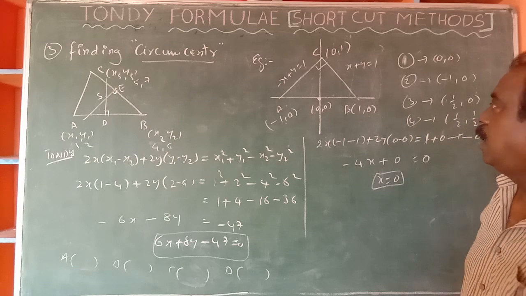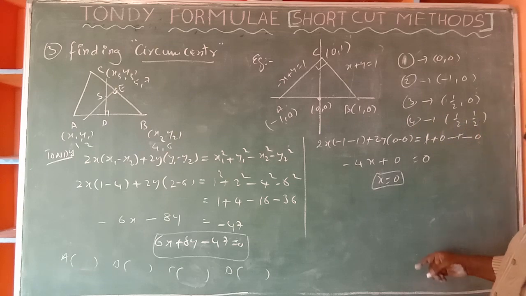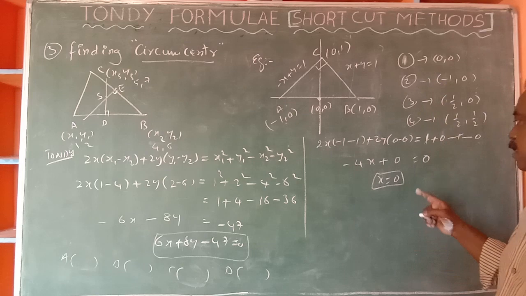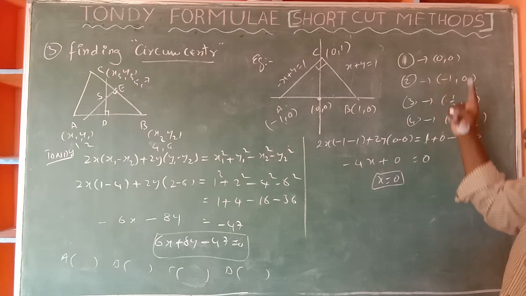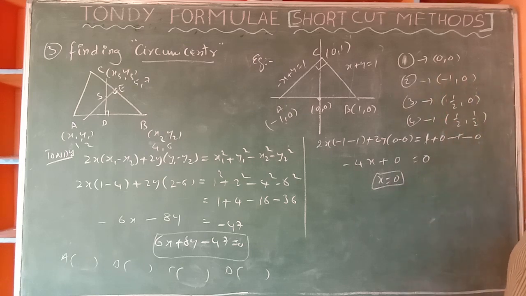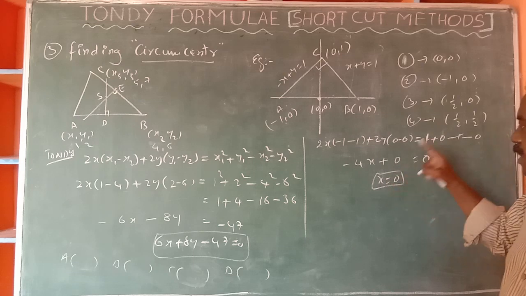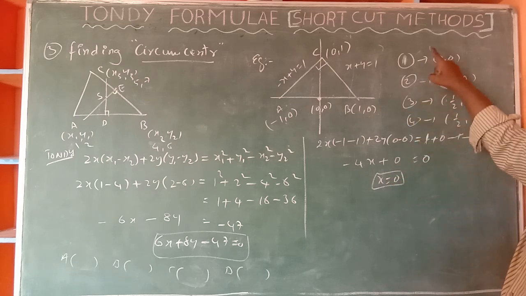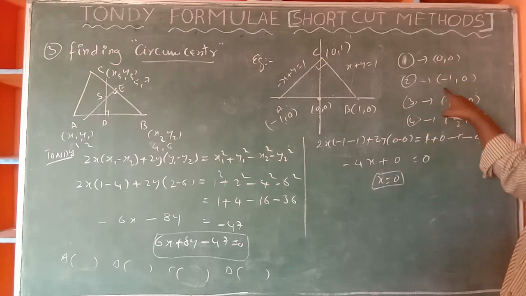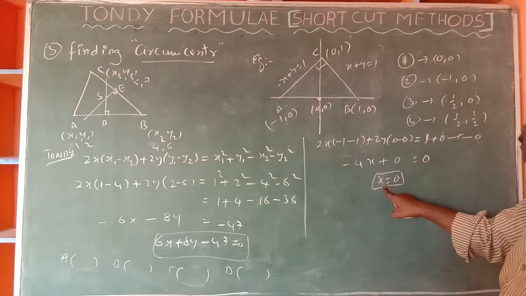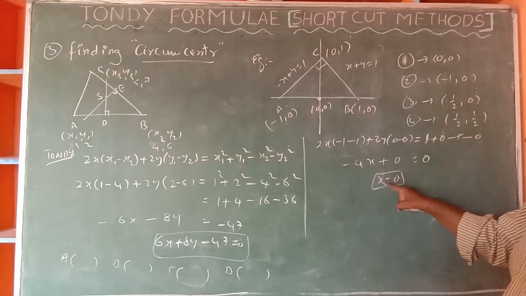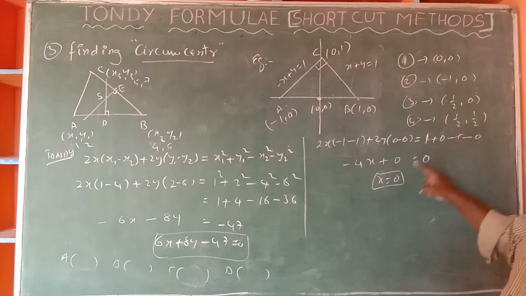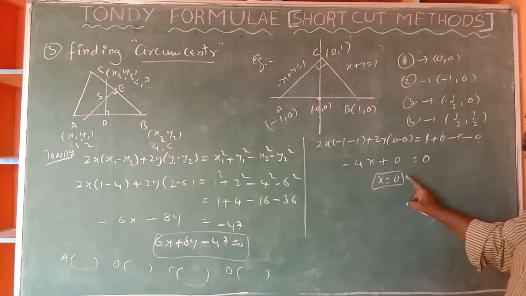Which option satisfies this equation? This Tondy equation must be satisfied by any one of the options. The second option will not satisfy. Third option 1 by 2 comma 0 and the fourth option also do not satisfy this equation.